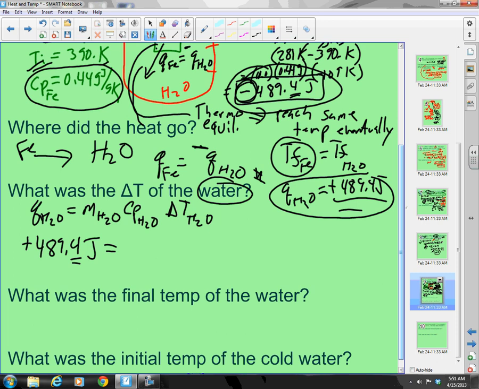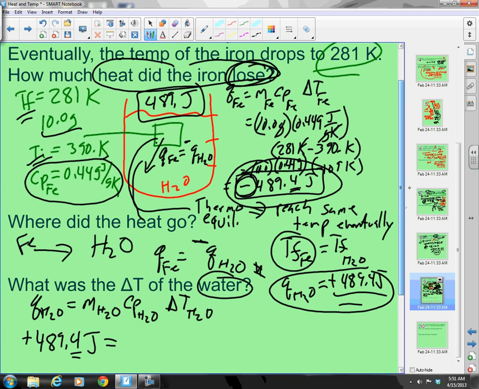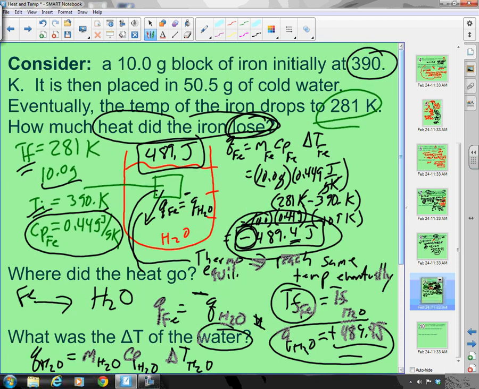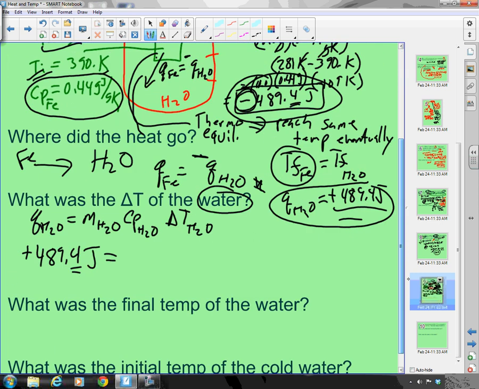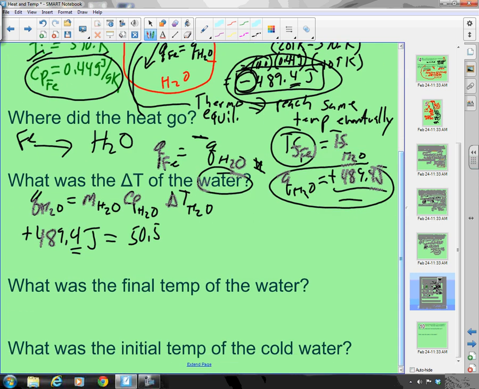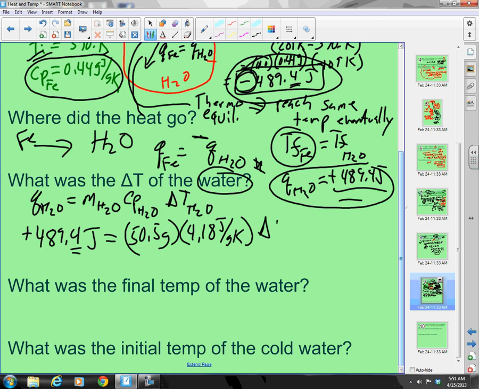What's my mass of water? Let's see. I have 50.5 grams of water. What is the specific heat? 4.18 joules per gram Kelvin. I have that one memorized. Delta T of water. So let's solve for my delta T_H2O. Okay, here we go.